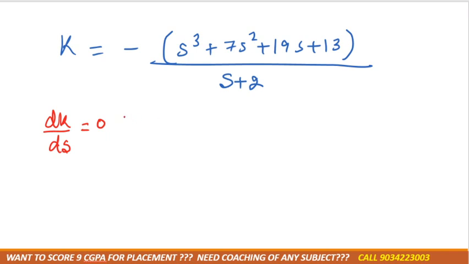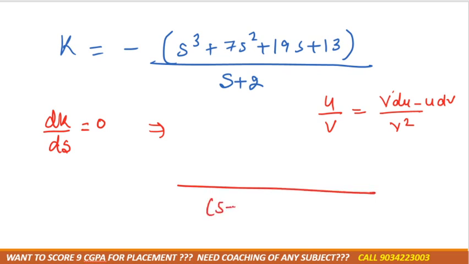After solving it, after taking the differentiation, you will get, like remember I told you that you have to use the u by v formula for the differentiation. That would be (v du minus u dv) by v square, right?